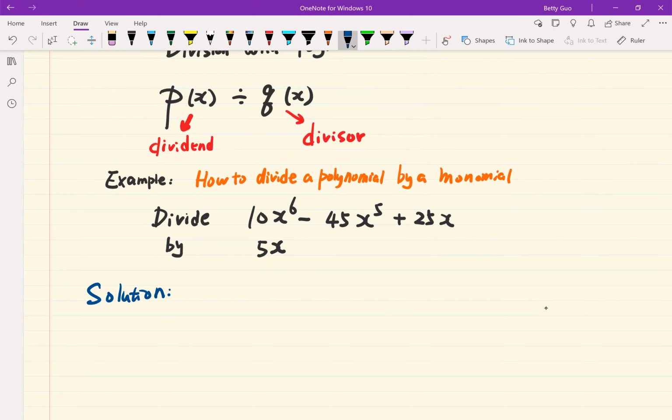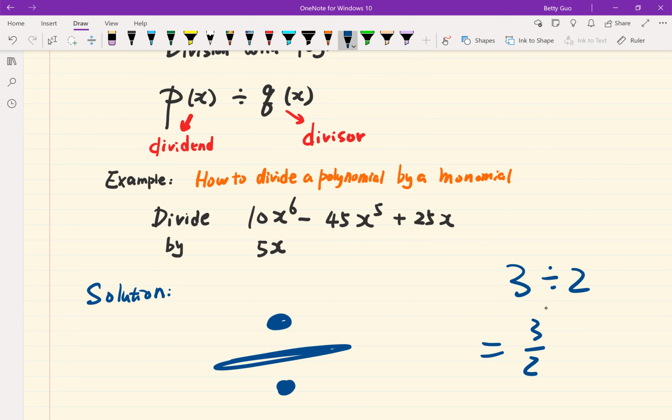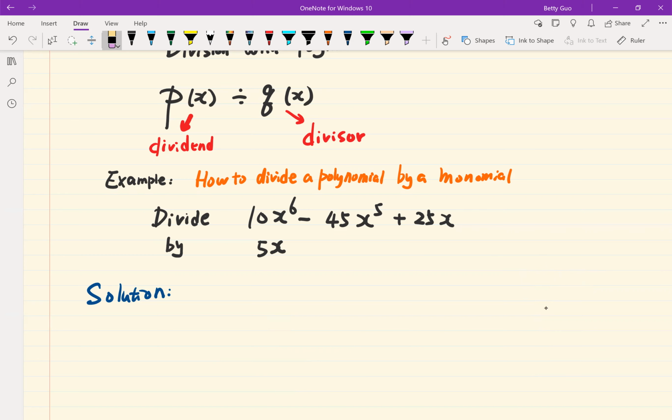If we say divide 3 by 2, we can write divide 3 by 2 as 3 over 2, right? The fraction bar, numerator on the top, denominator on the bottom, is equivalent to a division symbol. So now we're trying to divide the trinomial, 10x to the power of 6 minus 45x to the power of 5 plus 25x, by 5x.